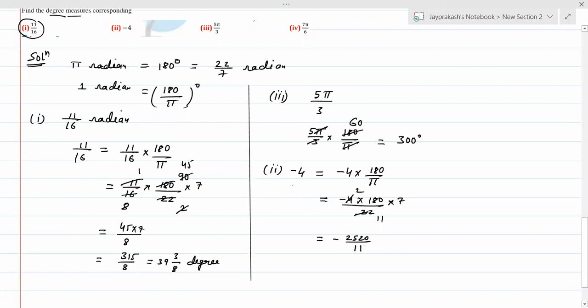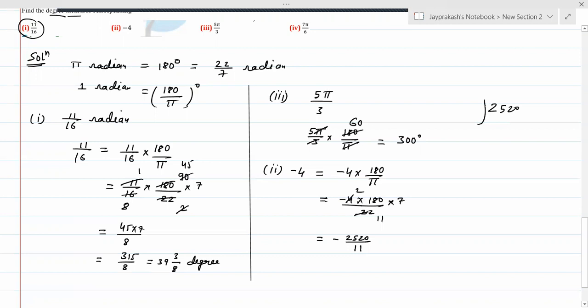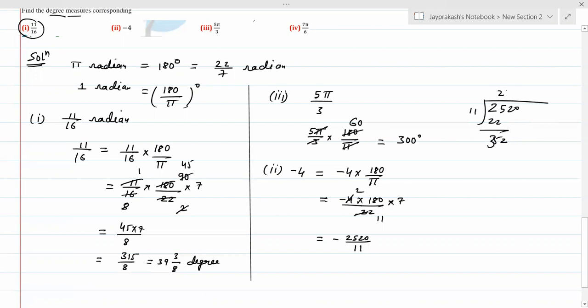Now this is in degree, but the problem here is that whenever you are going to change into degree measurement, you should not use decimals, you have to use the long division method. So 11 twos are 22, 5 is remaining, then 3 is remaining. 11 twos are again 22.